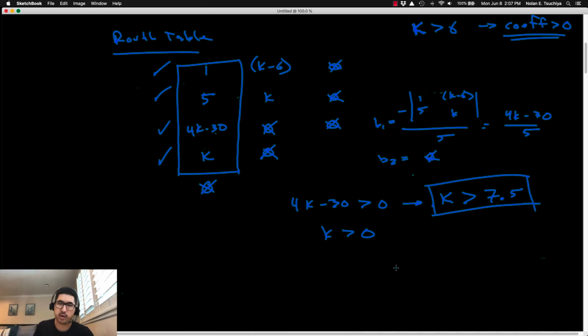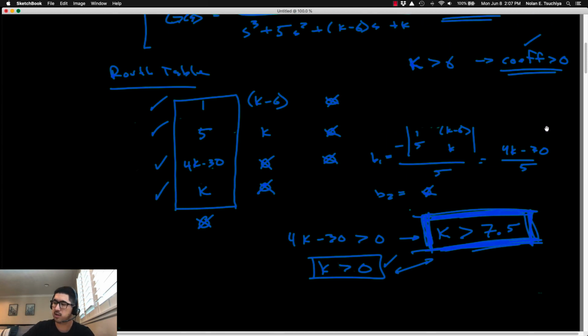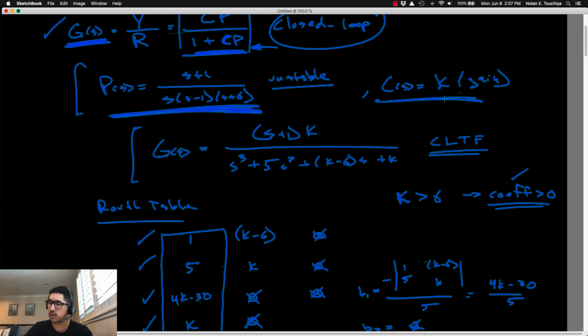And the last term says that k has to be greater than 0. Between these two, this is the one that's more strict. As long as k is greater than 7.5, it's already greater than 0. So this is the overall control scheme that will guarantee closed loop stability for using a controller of this form.